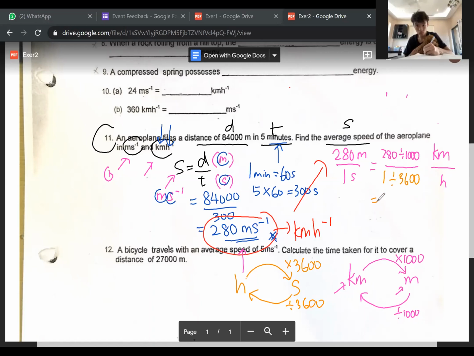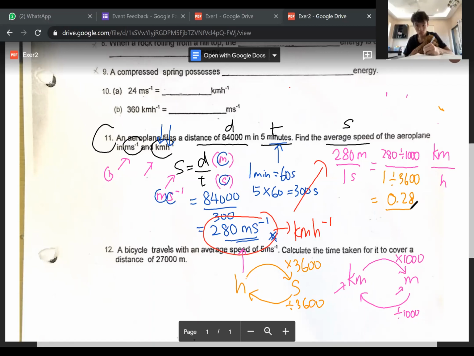Now you calculate. Calculate the one on top first. 280 divided by 1000. Be careful when you press the calculator. You have to add a bracket, or you can just calculate individually, meaning you calculate the top one, then you write down the answer. 0.28 over 1 divided by 3600.